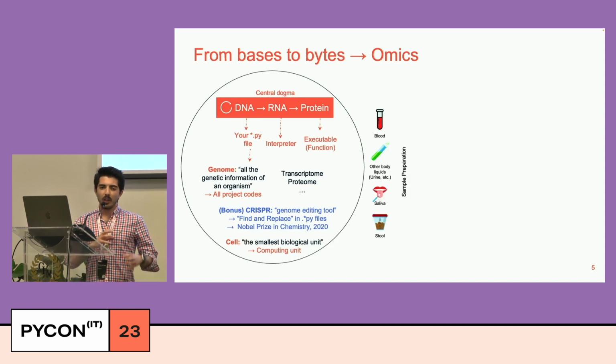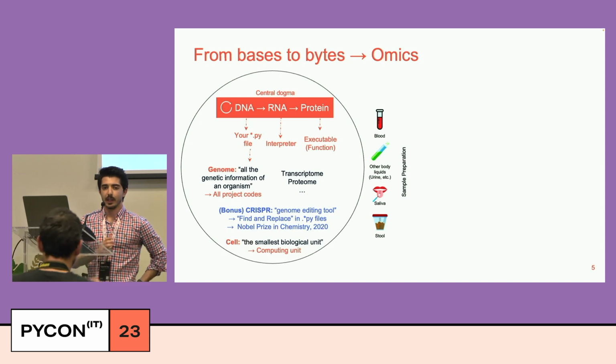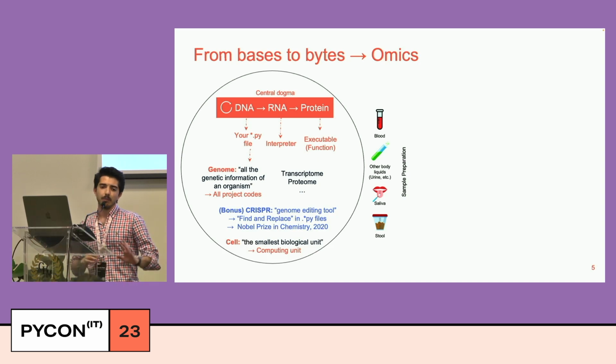Now we are zooming out. We were at the cell scale, and now we are talking about samples. I will go step by step through how to translate from bases to bytes, the computational way. We can work with several different sample types. That could be blood, or maybe you're familiar with saliva from a genetic test.